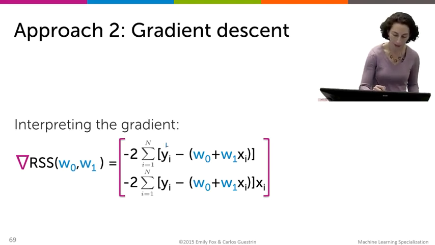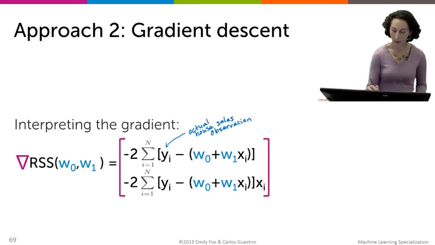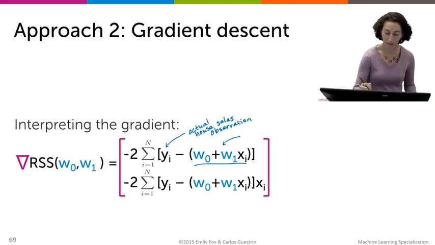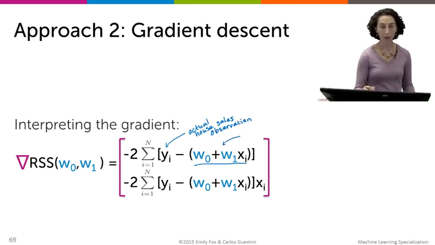So this is what we've been working with. But what I want to point out here is that this term, yi, is our actual house sales observation. And what is this term here? Well, it's the predicted value if we use W0 and W1 to form that prediction.